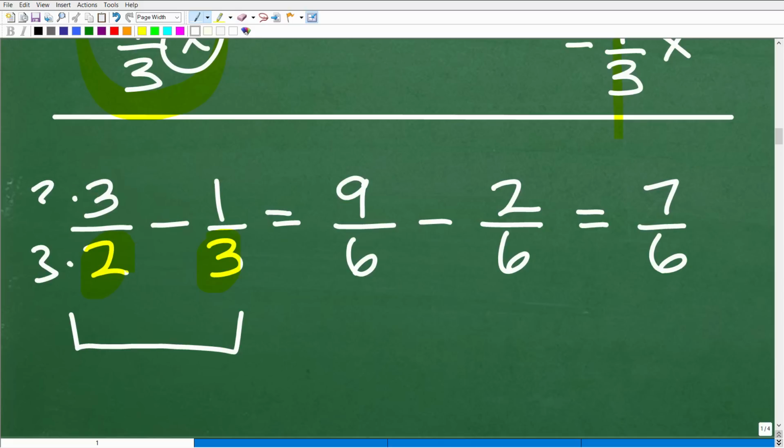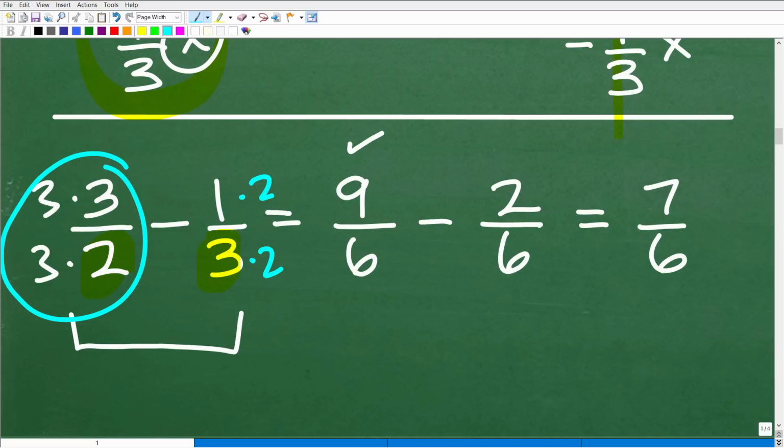We're going to multiply both the numerator and denominator by 3. So that's going to give us 9 over 6. And this one, we're going to multiply both the numerator and denominator by 2 to get a 6 as the LCD, and we'll end up with 2 over 6. Now we can subtract these fractions, right? Same denominator, 6. 9 minus 2 is 7/6.